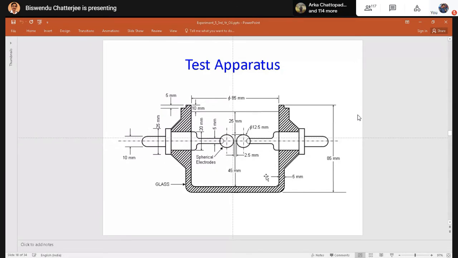Whether you test here or in Kanyakumari, you will have to test in a specific apparatus so that the result is valid throughout India, in fact, throughout the world. So with this, you will start the experiment.